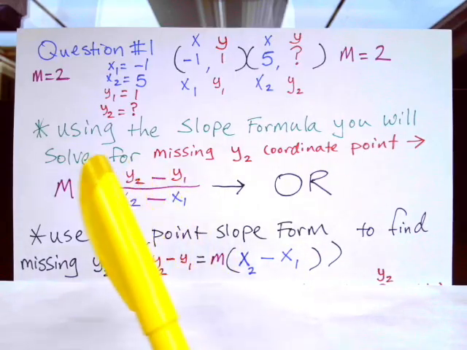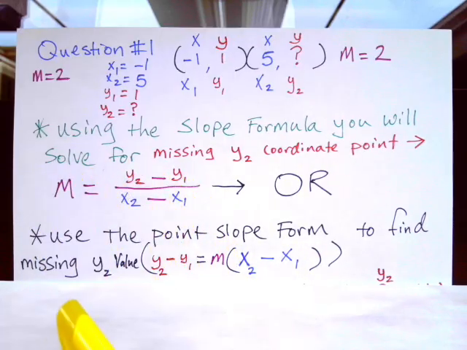And the slope formula was derived from the point slope form. Quickly, I'm going to show you that. What's the opposite of multiplying m times the quantity inside the parentheses? It's to divide. So if you divide both sides by x2 minus x1, you would end up with y2 minus y1 divided by x2 minus x1.